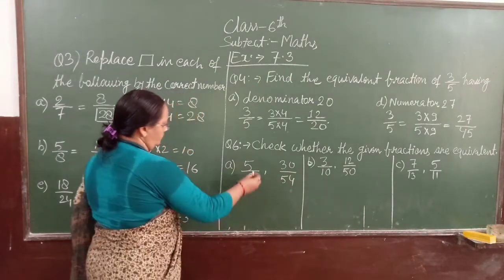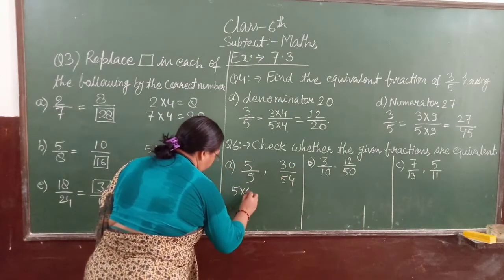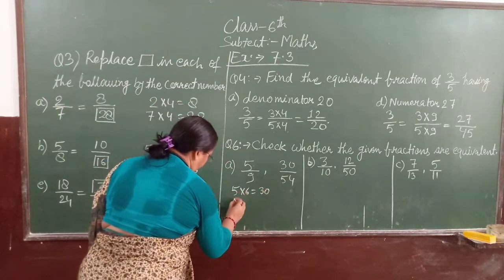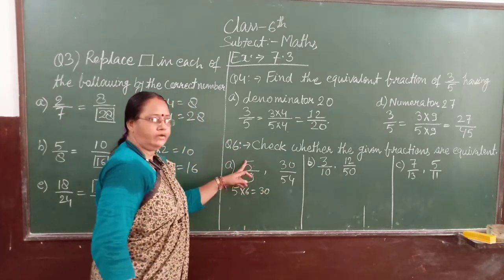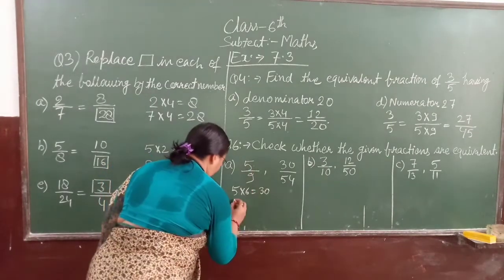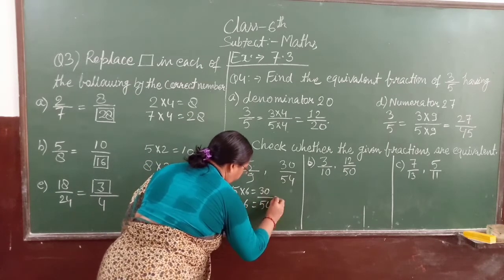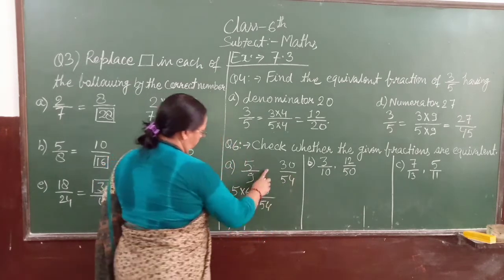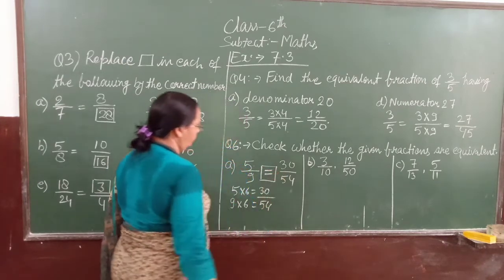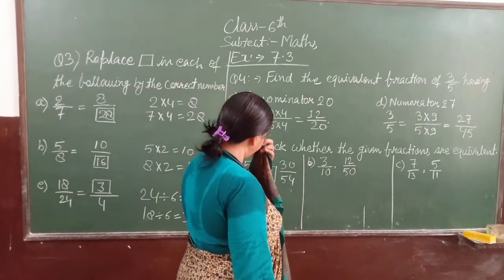So 5 6s are 30. 5 cross 6 is equals to 30, and if we multiply 5 with 6, we also multiply 9 with 6. 9 cross 6, 54. This is the fraction now. So this is the equivalent fraction.